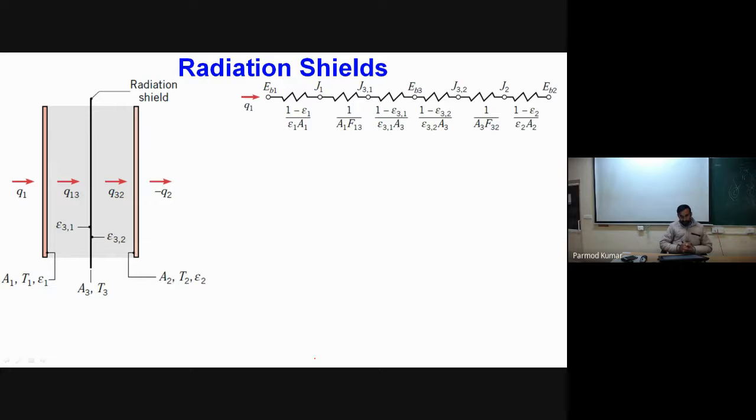Okay, so radiation shield is nothing but one additional surface which is provided to decrease the rate of radiative heat transfer. Okay, so for example, if I have a situation when I have two infinite large plates, now can you tell me what will be the rate of heat transfer between these two infinite large parallel plates?